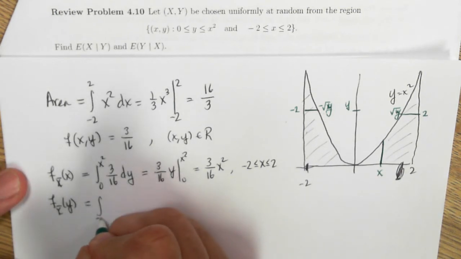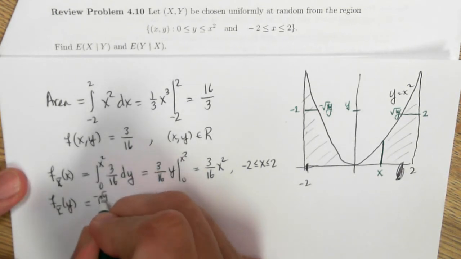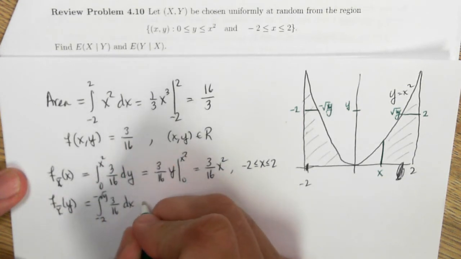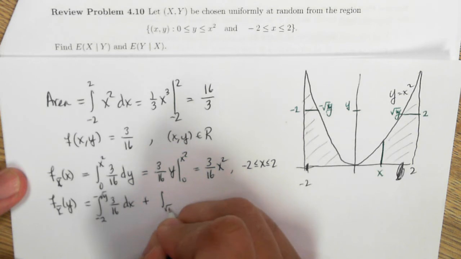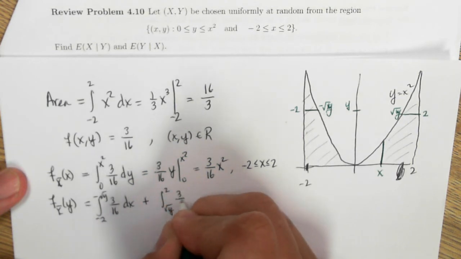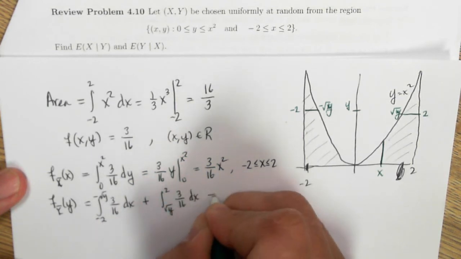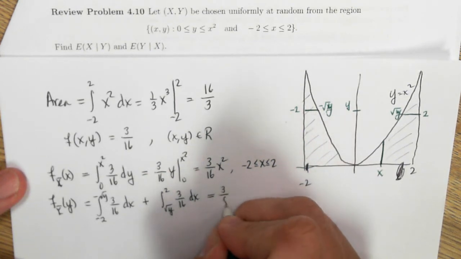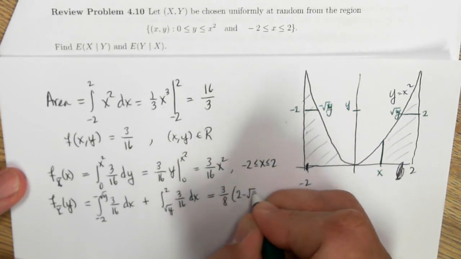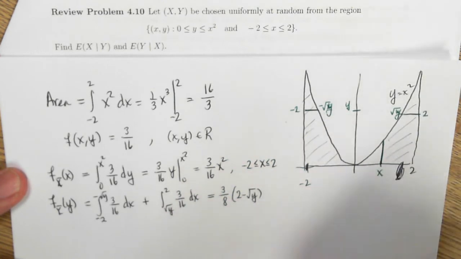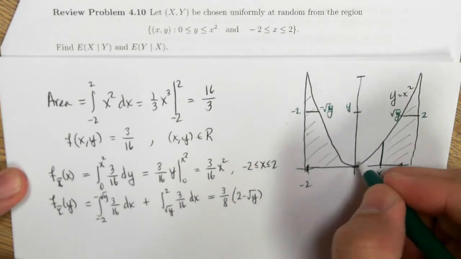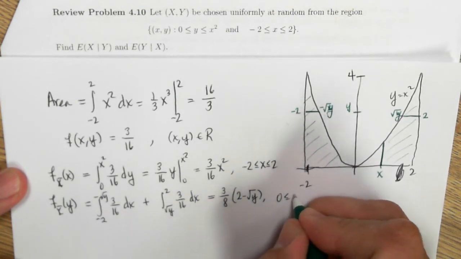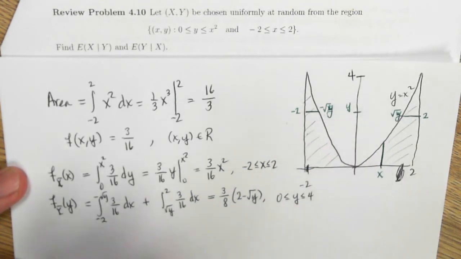So the integral from -2 to negative square root of y of 3/16 dx, plus the integral from square root of y to 2 of 3/16 dx. Doing the integrals, we work this out to be 3/8 times 2 minus the square root of y. The lower limit of y is 0, and the upper limit will be 2 squared, or 4. So the values of y are from 0 to 4.